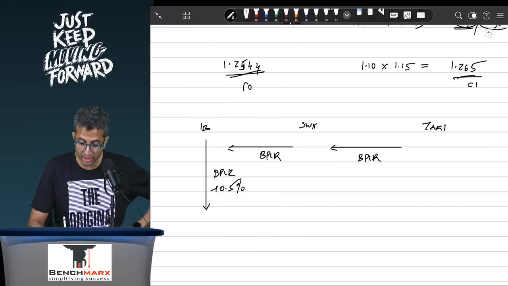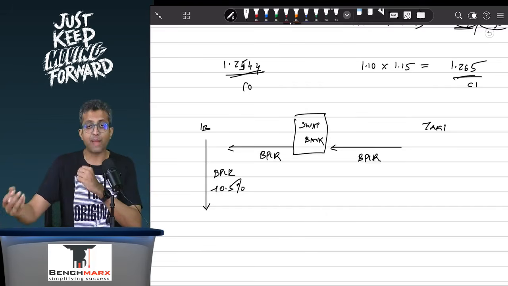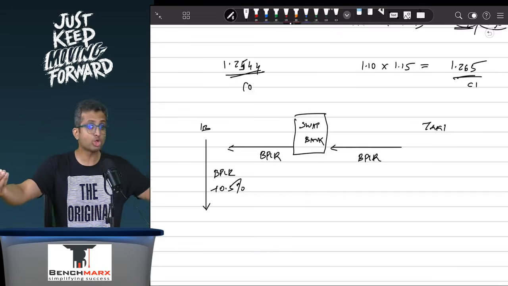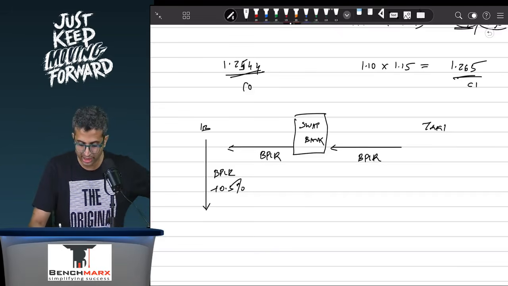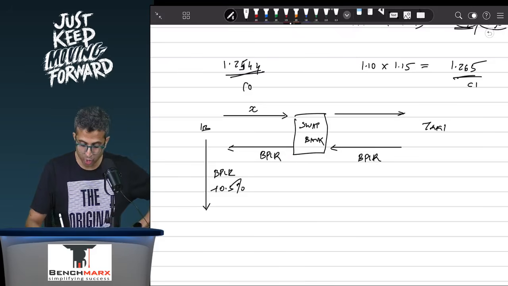So over here, this is a swap bank in the middle. Let us say the adjustment for commission, we are assuming that will be done from the fixed rate. So for IB, I'm going to pay BPLR, and I'm also going to receive the BPLR, and against that I'm going to pay the fixed rate. How much am I paying? Well, let us say I pay X, out of which the swap bank will retain 0.25%.